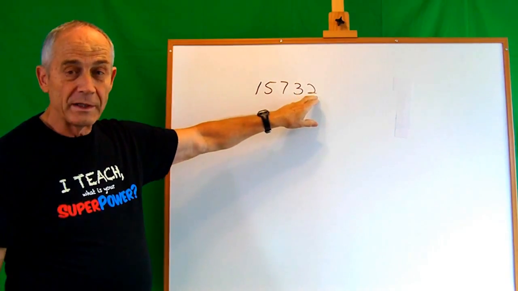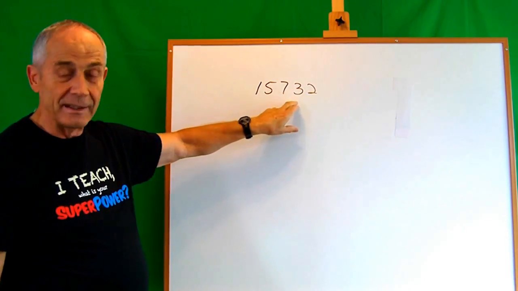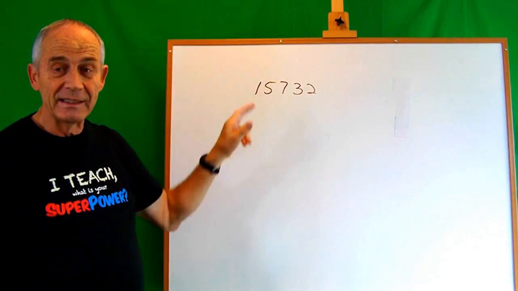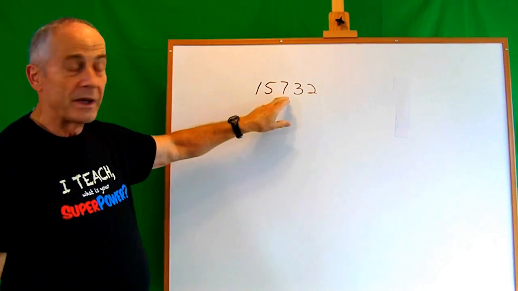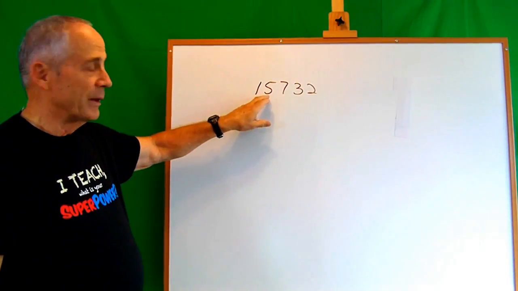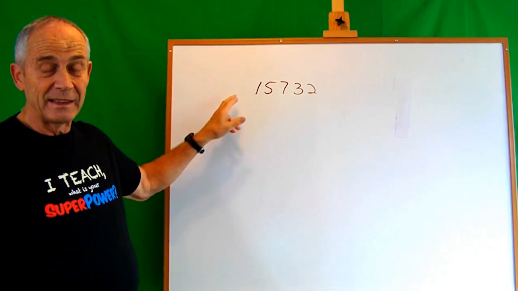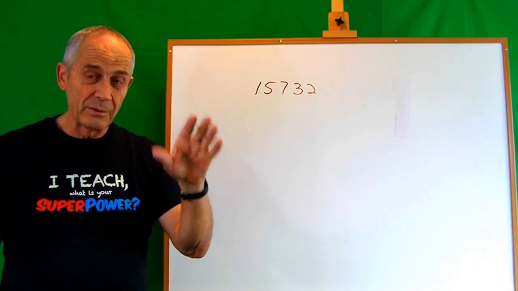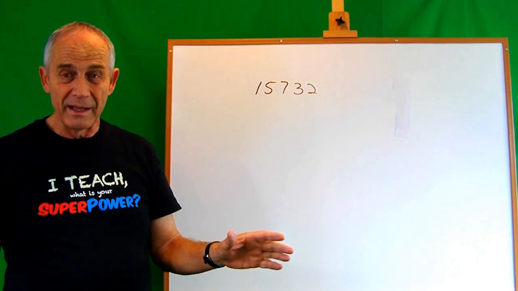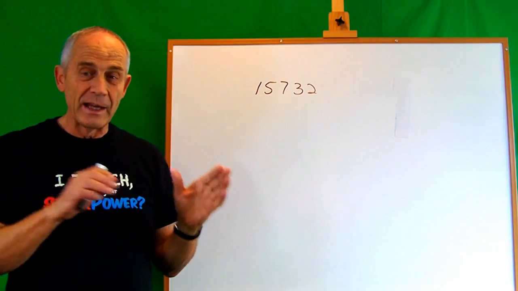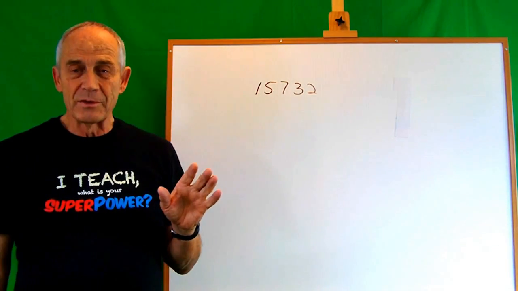So 1 times 10 is 10, and that's the tens place. 10 times 10 is the hundreds place. 100 times 10 is the thousands place. 1,000 times 10 is the 10,000s. Can you now project what the next one's going to be after that? Okay, 100,000s.